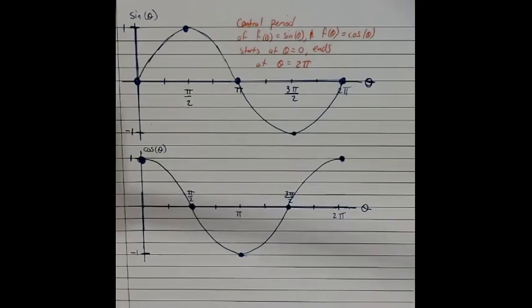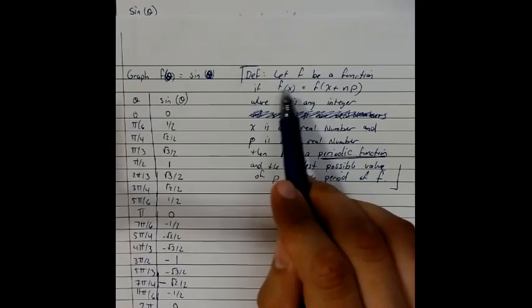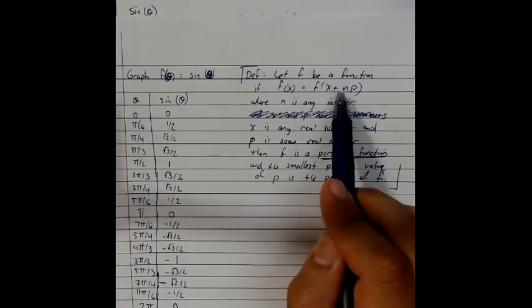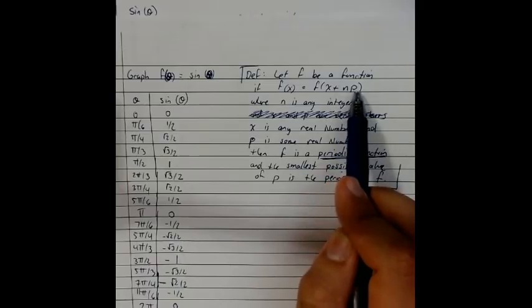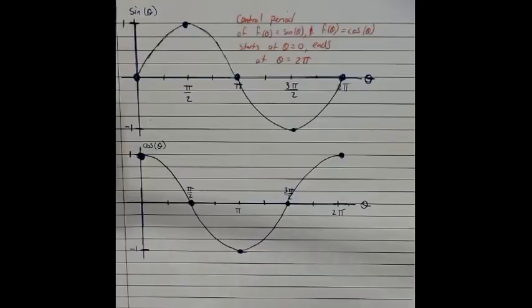Likewise for cosine. Going back to our definition of a periodic function, what that means is that the sine of x is equal to the sine of x plus n times 2 pi, where n is just some integer. And the same thing will be true for cosine.